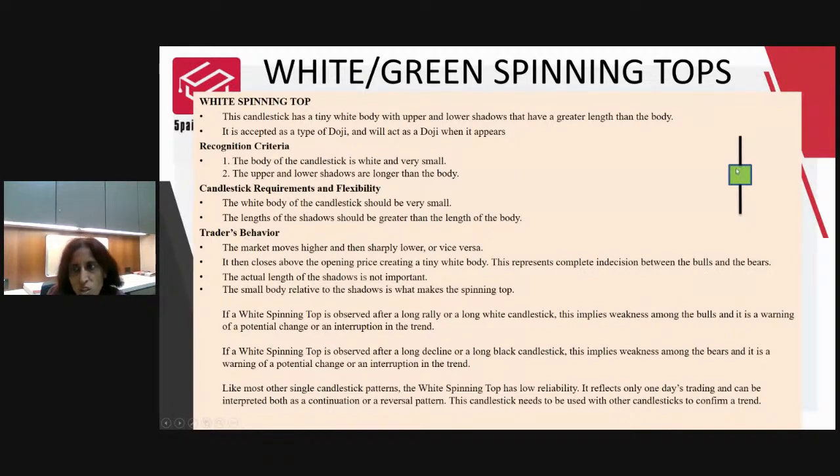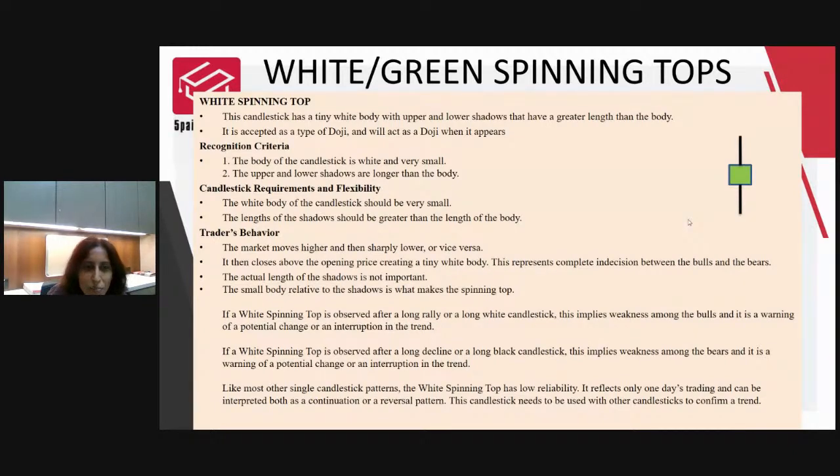Why? Because the range between the opening and closing is comparatively small. So who is putting pressure on the market, or who is in a way controlling the market, is not very clear, and thereby it indicates the indecisiveness which exists in the market.